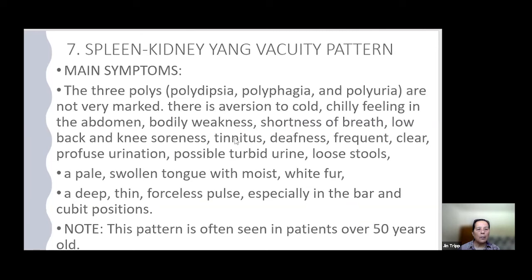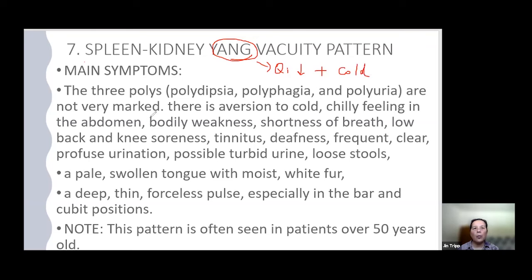Then we're talking about the pattern spleen qi yang difference. Yang difference generally means the patient will have qi difference symptoms plus coldness. That's usually what we're talking about with yang difference.